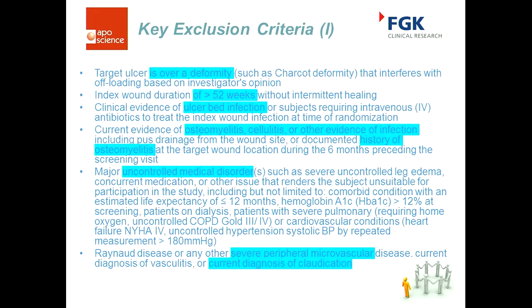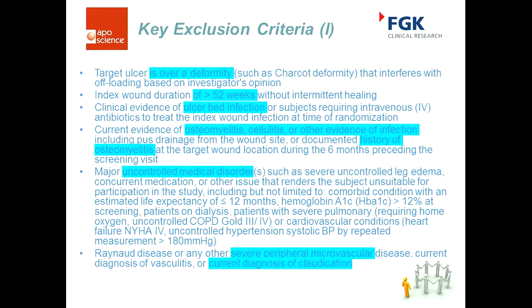And any other uncontrolled medical disorder; we have listed here the extremes. These are patients with uncontrolled cardiovascular or pulmonary disease, like New York Heart Association class 4, uncontrolled COPD requiring oxygen, class 3 and 4, HbA1c above 12%, or repeated blood pressure above 180 millimeters of mercury. So these are the extremes.